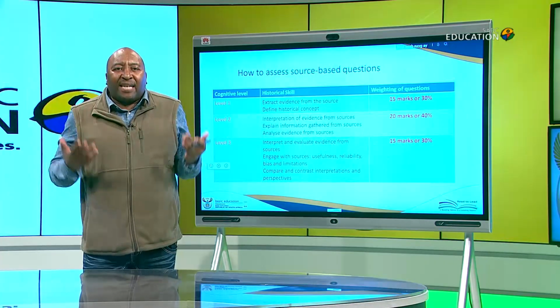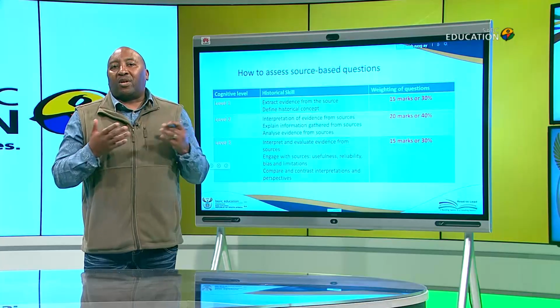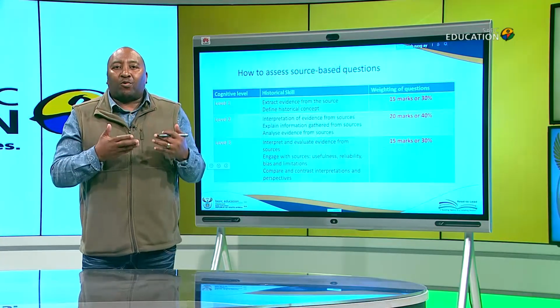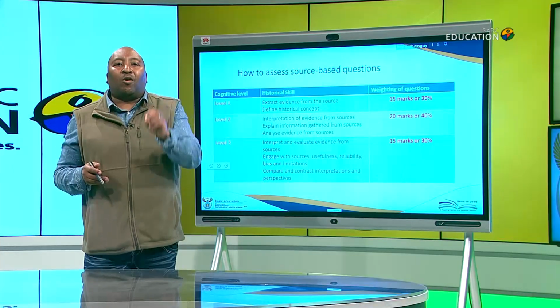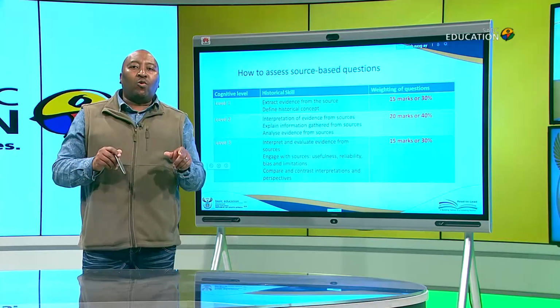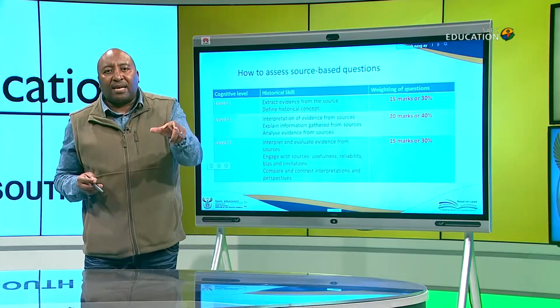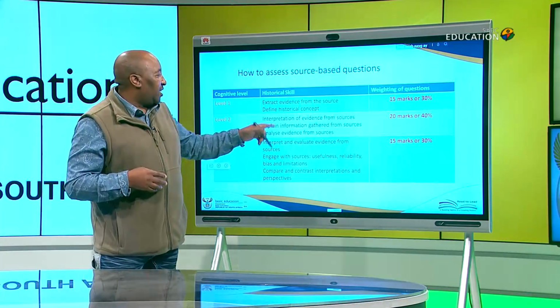If you have not studied the content, you don't have your knowledge. You can therefore not get level 2 marks in a way you are supposed to, because you only have the source without the knowledge. So level 2 wants you to use your source and your knowledge in order to answer, because you have to interpret.